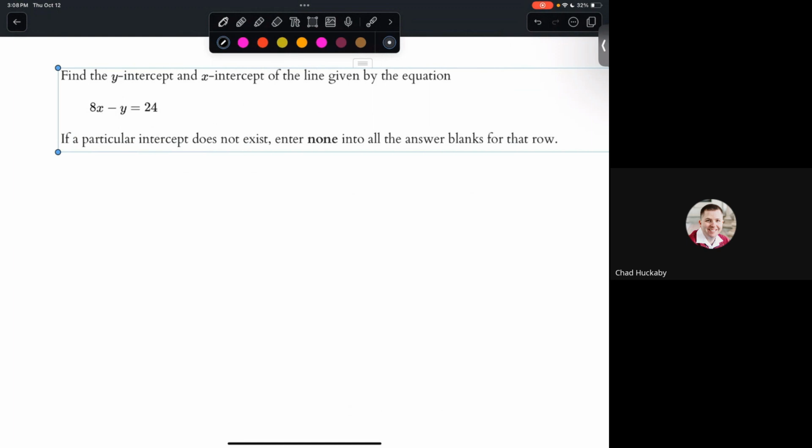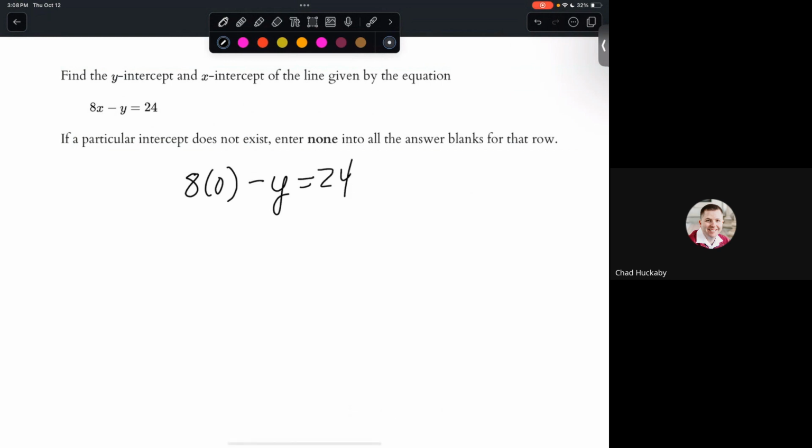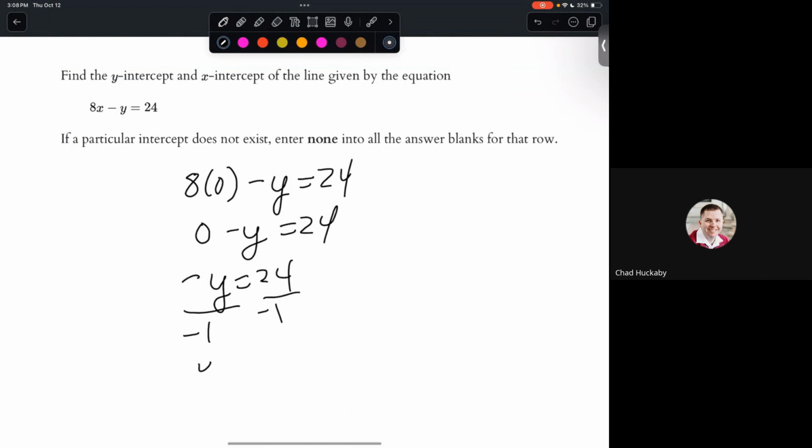Let's actually just walk through those steps for just a second. So the first one is plug in x is 0: 0 minus y is equal to 24. So negative y equals 24. Divide both sides by negative 1, and you get y is equal to negative 24.